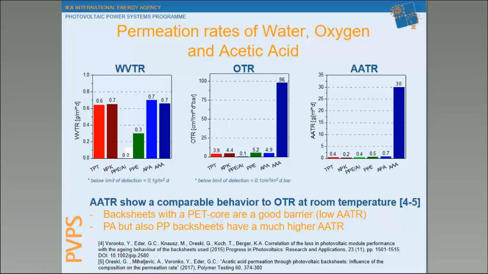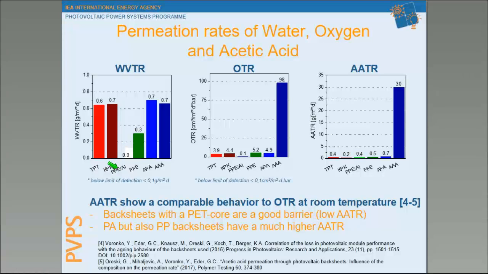And here are just some permeation rates for various backsheets depicted: permeation rate of water vapor, of oxygen, and acetic acid. And we see, for example, for various kinds of backsheets, they're more or less in the same range for the water vapor transmission rate, except for this PPE material, which has an additional aluminum foil.